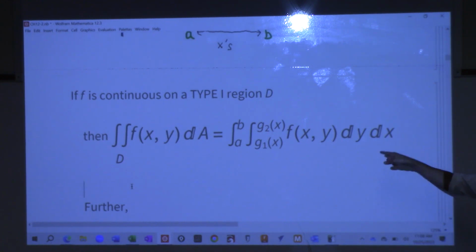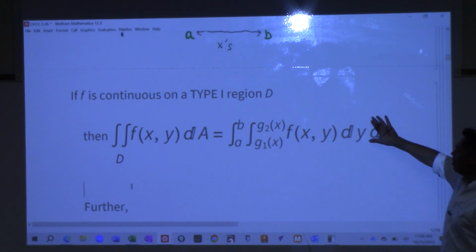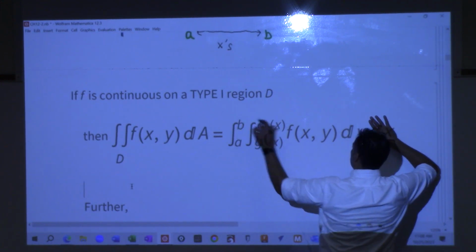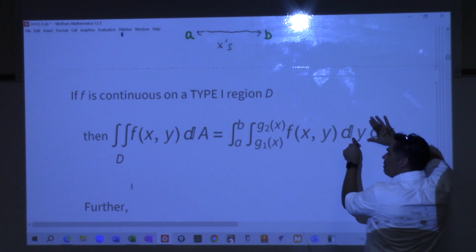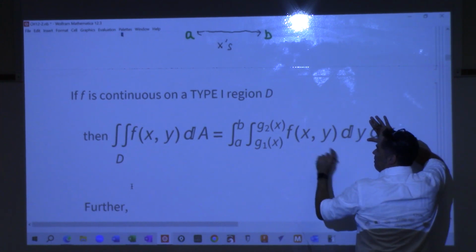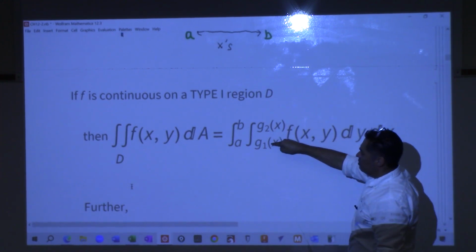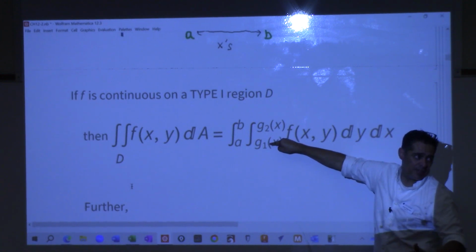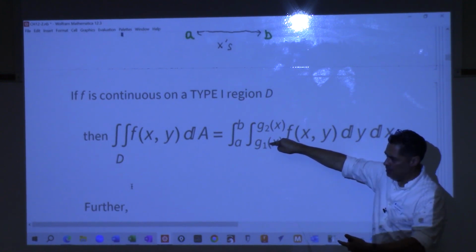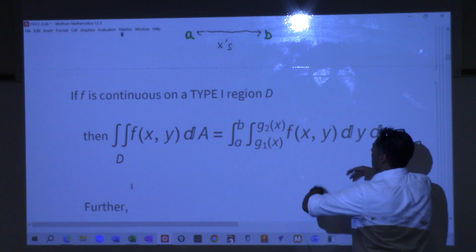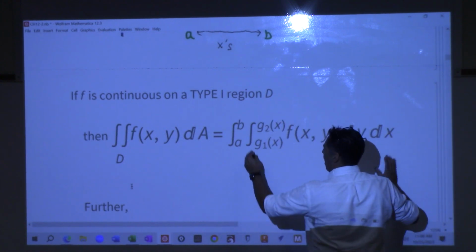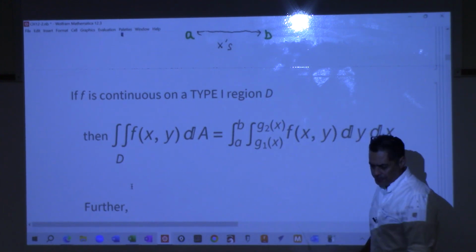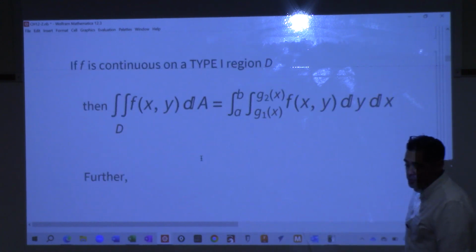We have to follow this order, which means the inner integral must be with respect to y. You do that first, and your limits of integration are actually going to be functions, not constants. And then once we do that, we can do the outer integral with respect to x, between those two constants. So that's the new change.